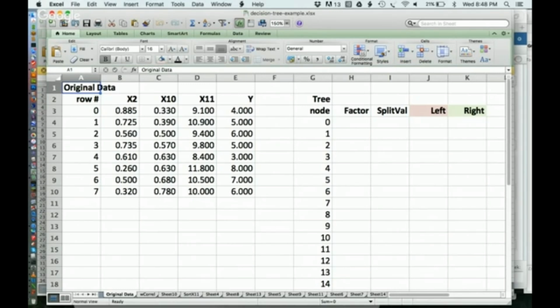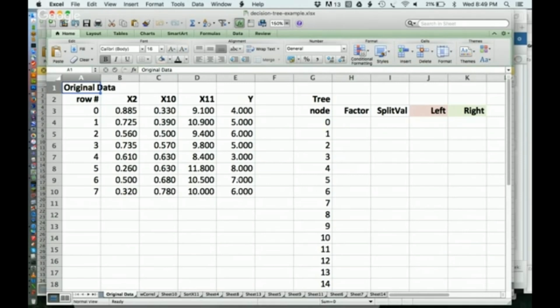But anyhow, each row here represents one sample of a person scoring a glass of wine. In this case, they scored it 4 out of 10. And the quantitative measures for that glass of wine were these 3 values. This represents another glass of wine and potentially a different person who tasted it and their scoring.